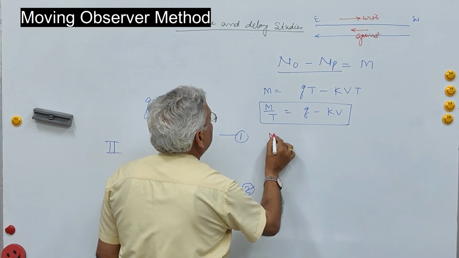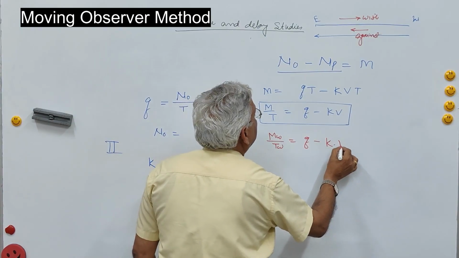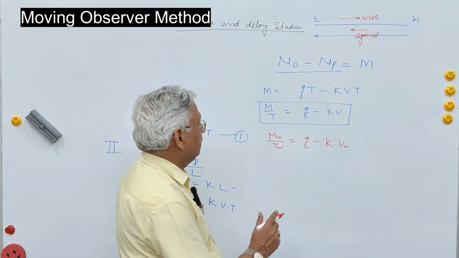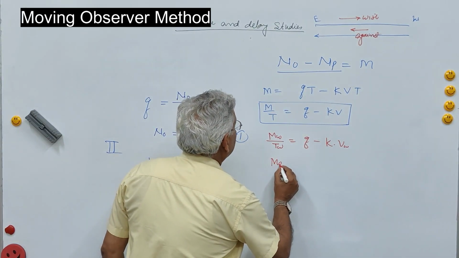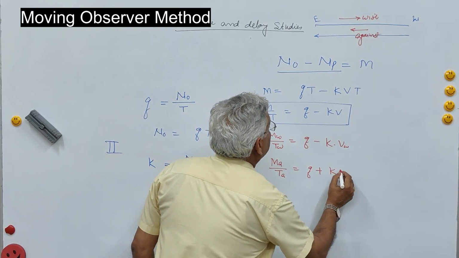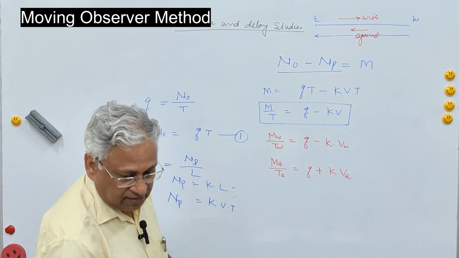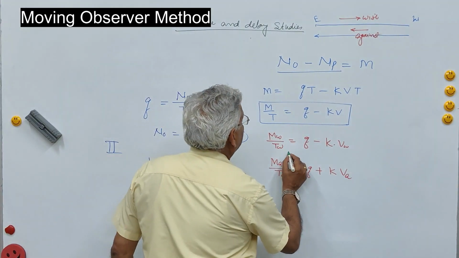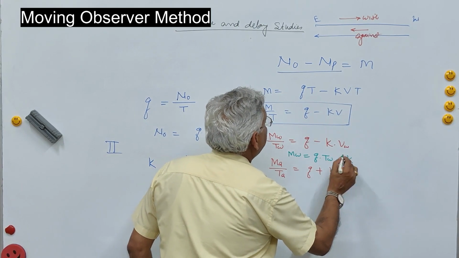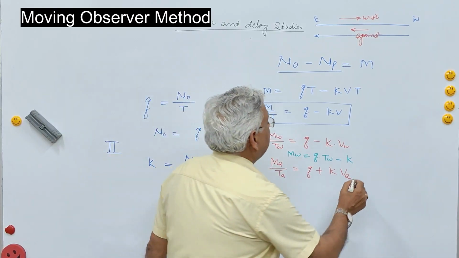So if you are making one test run with traffic, and another test run against traffic, I can write these two equations: mw upon tw is q minus k into vw. And when you are moving against the traffic, the speed will be negative, and therefore this equation will be ma upon ta is equal to q plus k into va. You can rewrite this equation: mw is equal to q into tw minus k into vw into tw, that is the length of the section, kl.